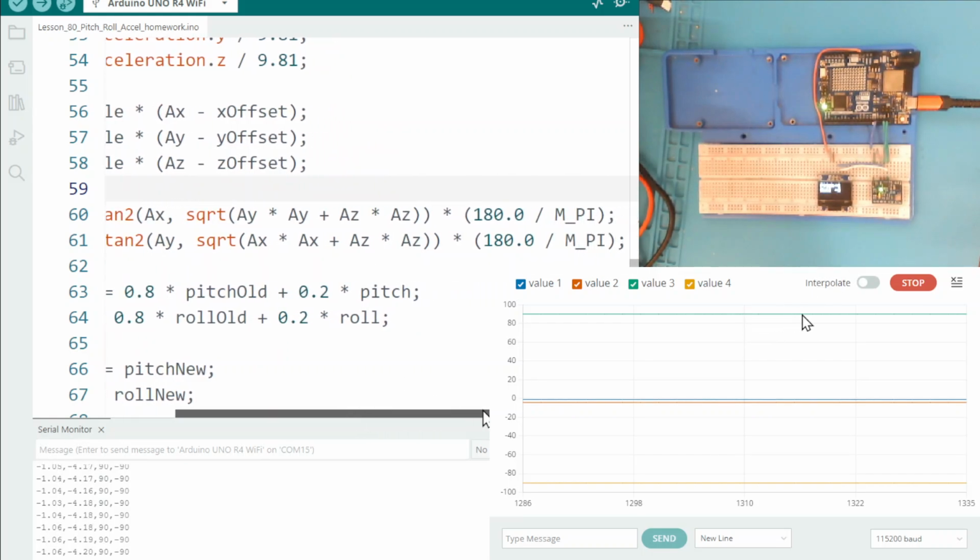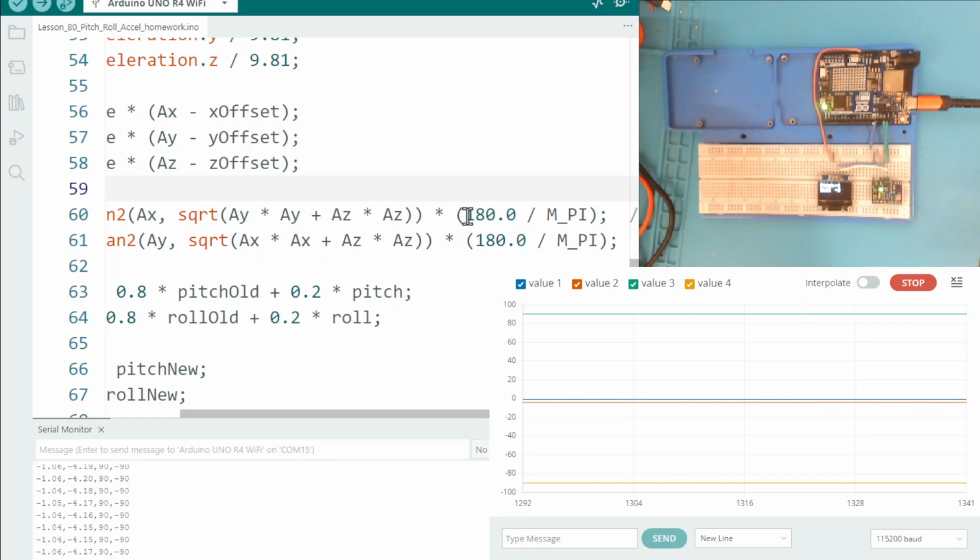And then we convert it to degrees by taking 180 divided by pi, and multiply this whole equation by 180 divided by pi.